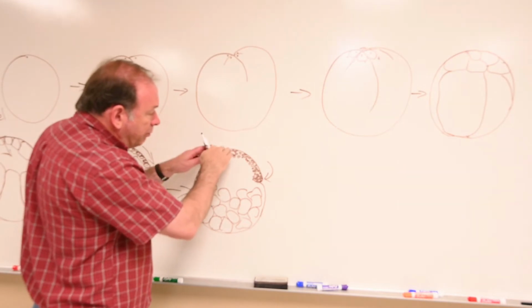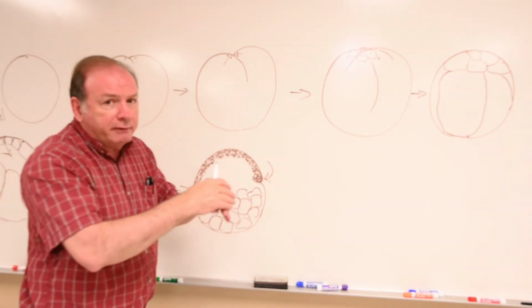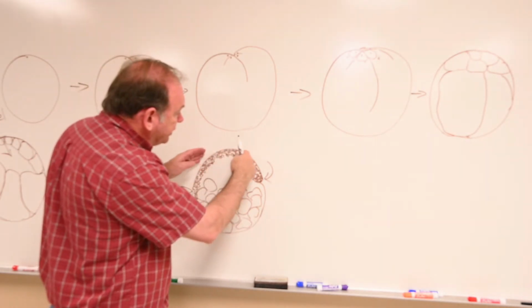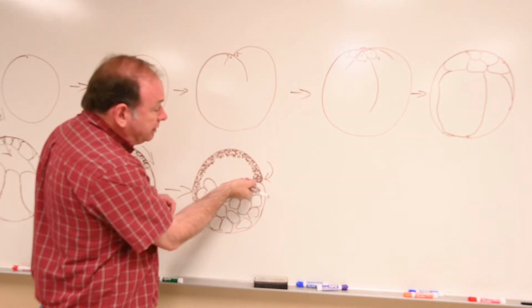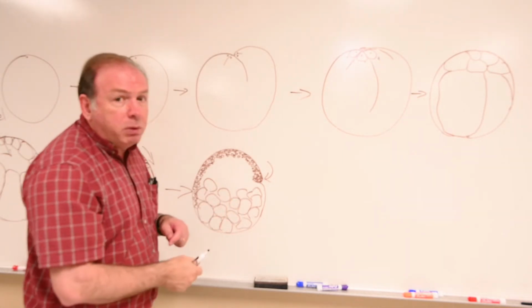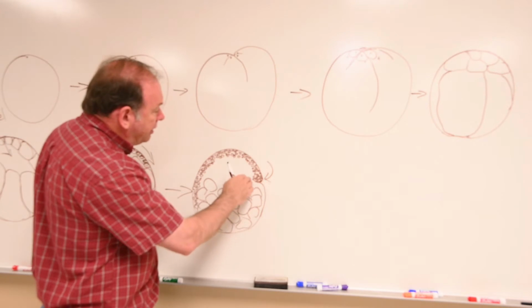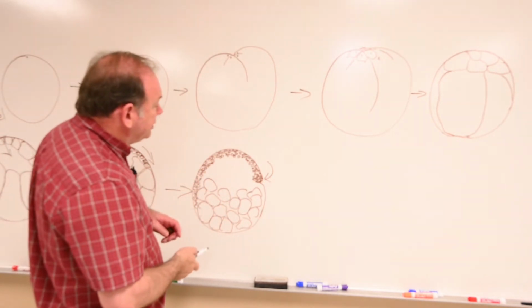There's this moving margin. I always compare it to hot fudge going over vanilla ice cream. So you can see where these cells are moving across the surface, and then they just kind of stop and fold in, fold under right there. That's the beginning of our blastopore, the beginning of where we're going to form a gut. Our gut is going to start here and move up and inward through the embryo this direction.